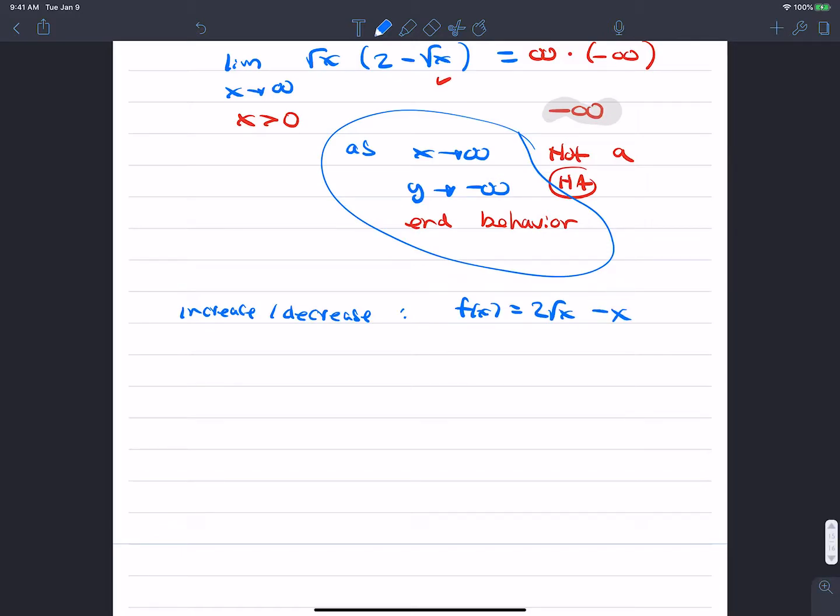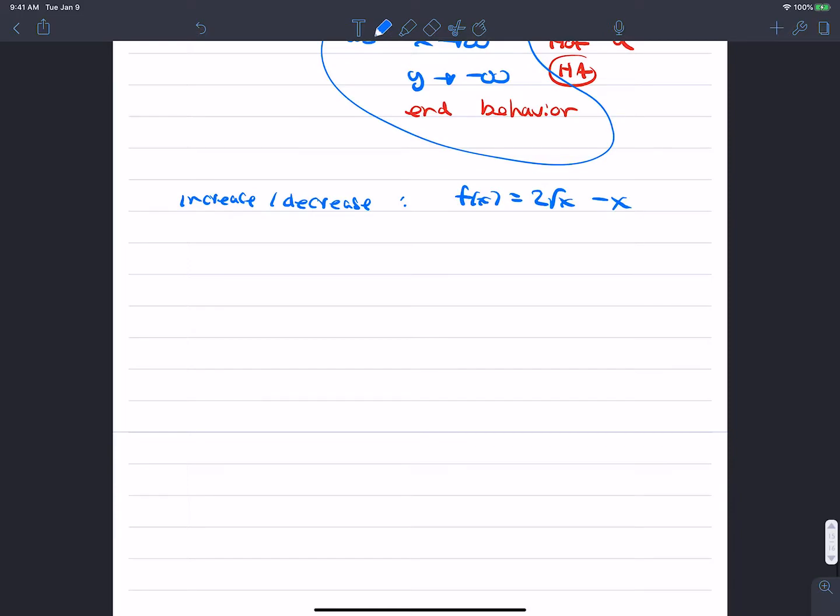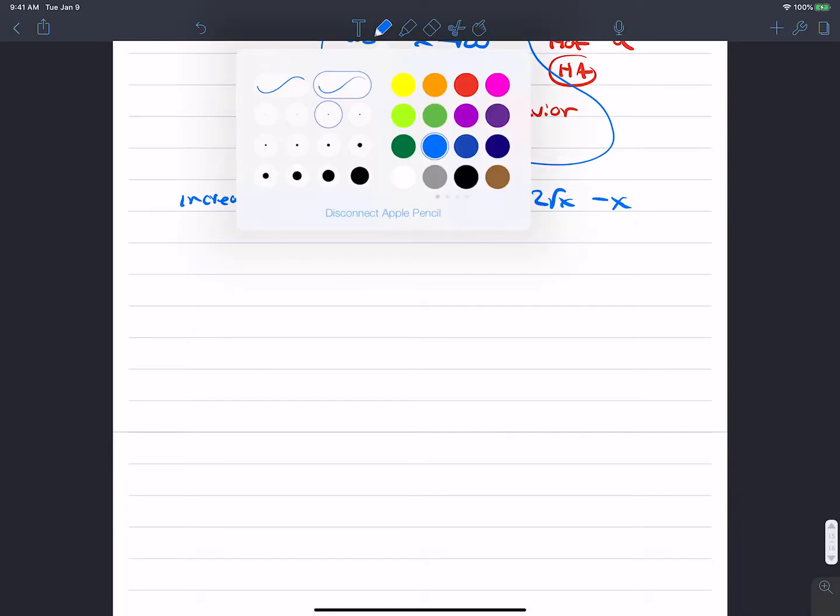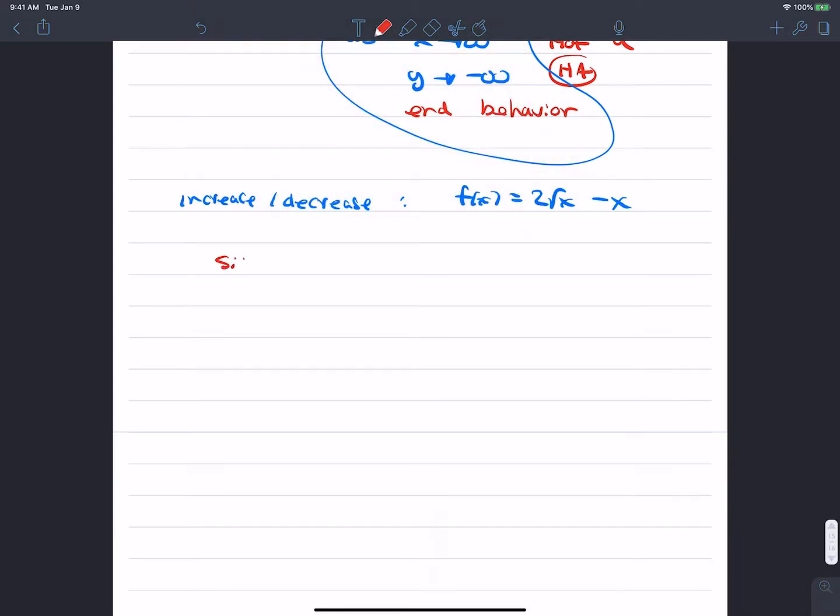Is that right? Okay. So where your curve is increasing, decreasing again, what do we do? Do you guys remember? Sign analysis on the what? On the first derivative.